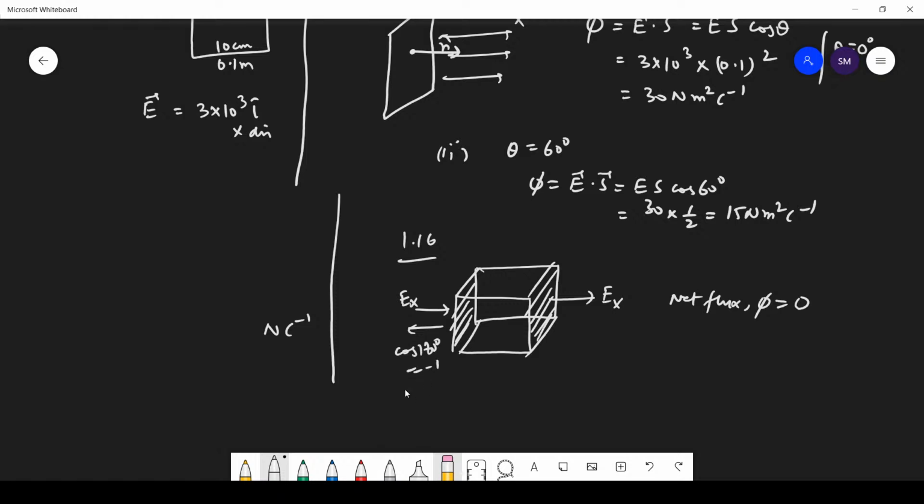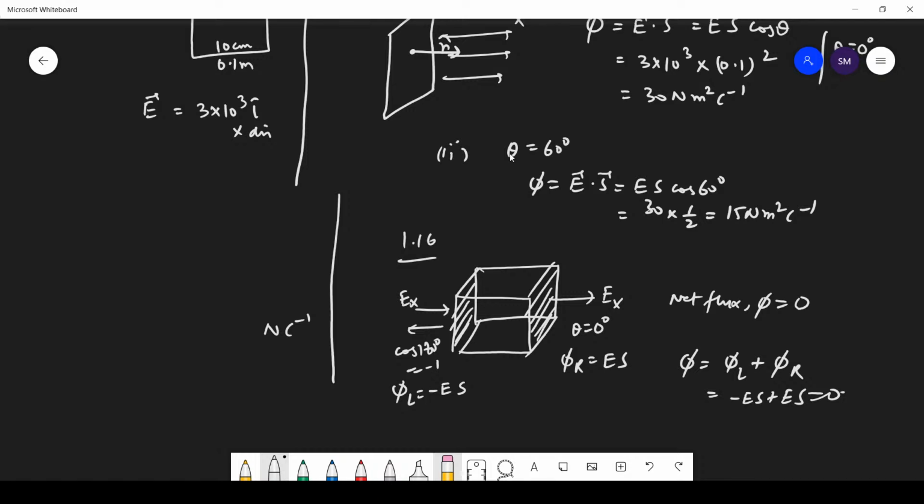So the flux through this left face is equals to -ES if the surface area is S, and flux through the right hand face, theta is equals to 0 degree, so ES. And flux is a scalar quantity, so you can simply add them. So flux through left hand face plus flux through right hand face is equals to -ES plus ES, that's equals to 0. So this was question 1.6.